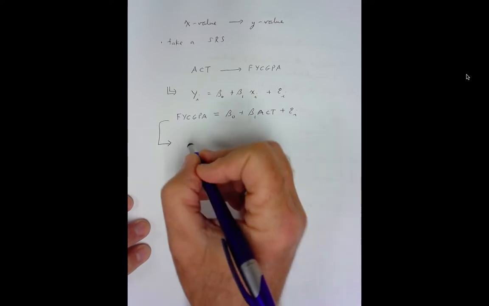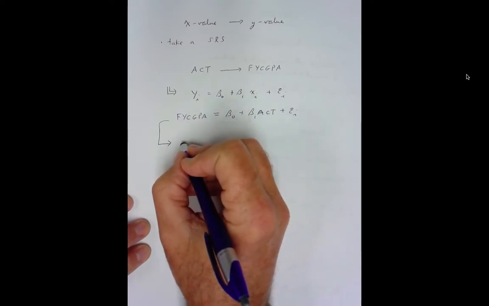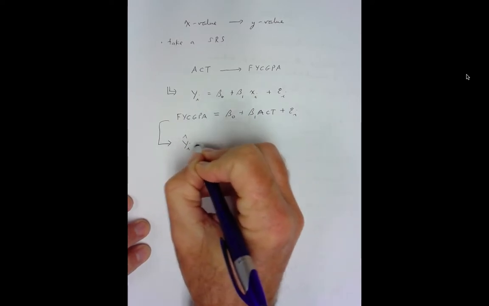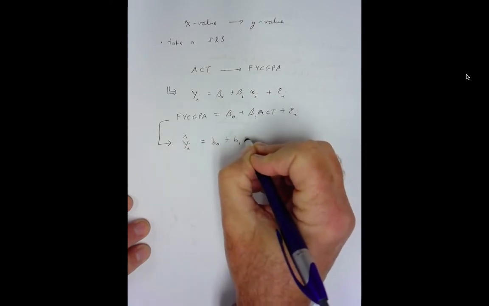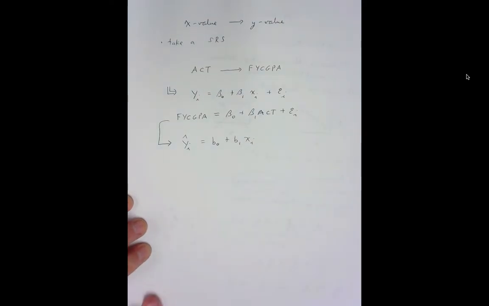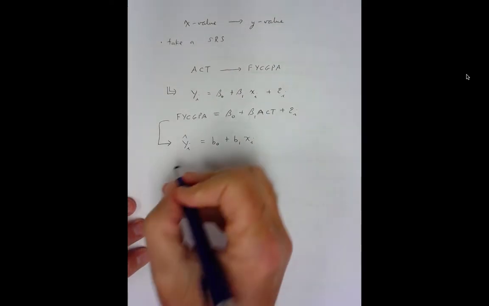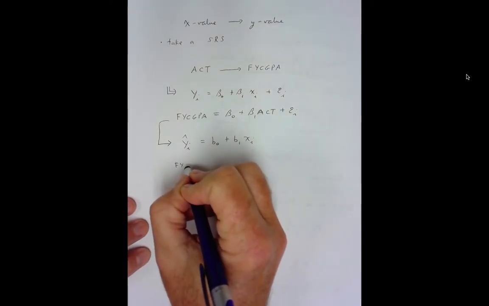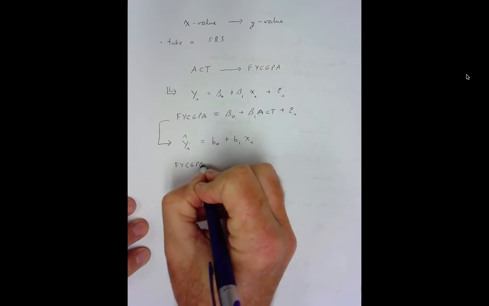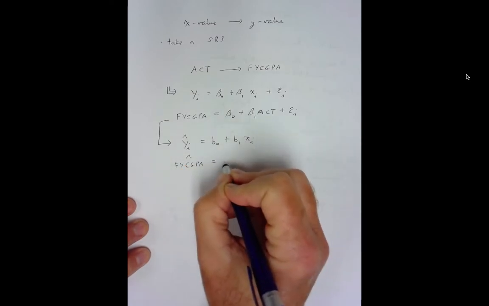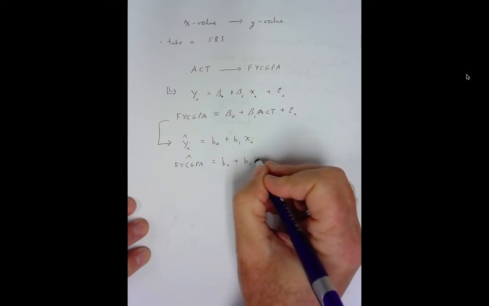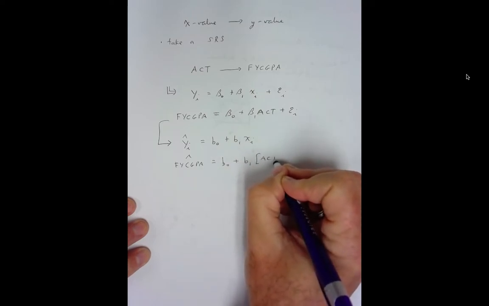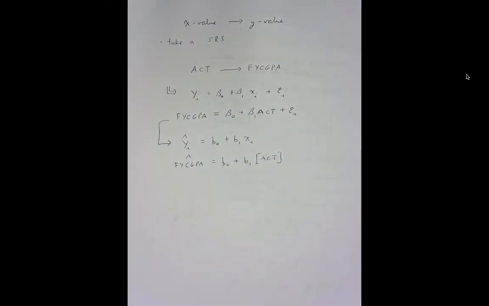But guys, typically what we do is we collect a random sample of first-year GPAs and ACTs, and we use our sample model for prediction. So we can predict from our intercept plus our sample slope times the ACT.